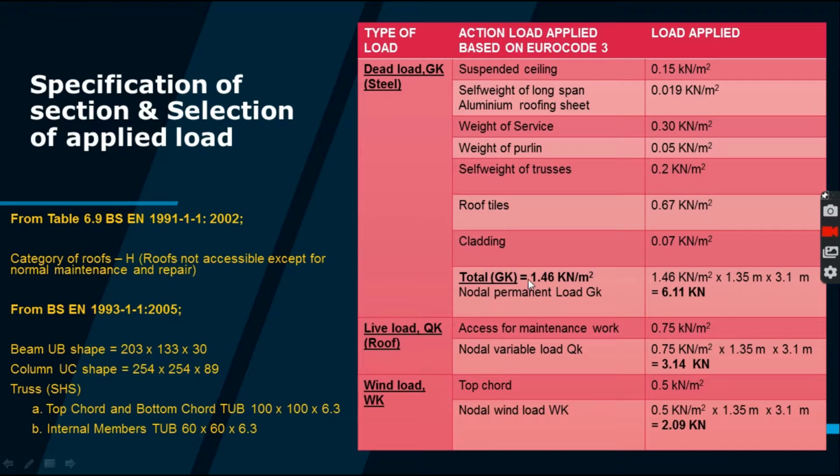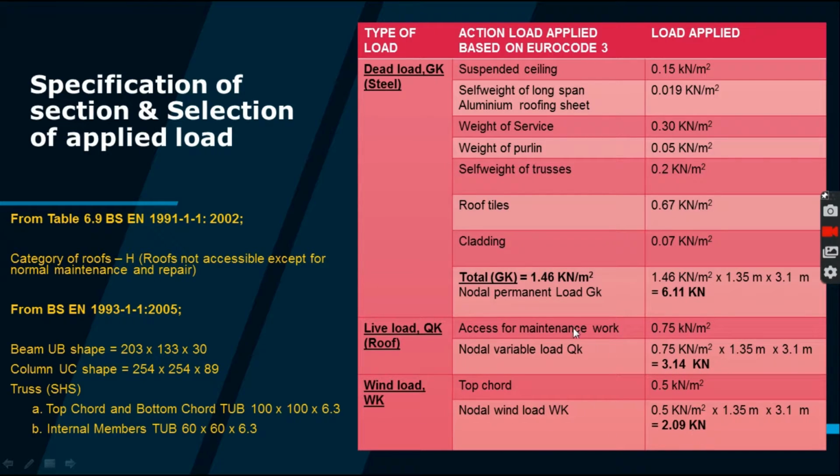So the total of GK is 1.46 kN/m². The nodal permanent load GK multiplied by 1.35 m multiplied by 3.1 m, we got 6.11 kN. For the live load, the nodal variable load QK, we got 3.14 kN, and the wind load, we got 2.06 kN.